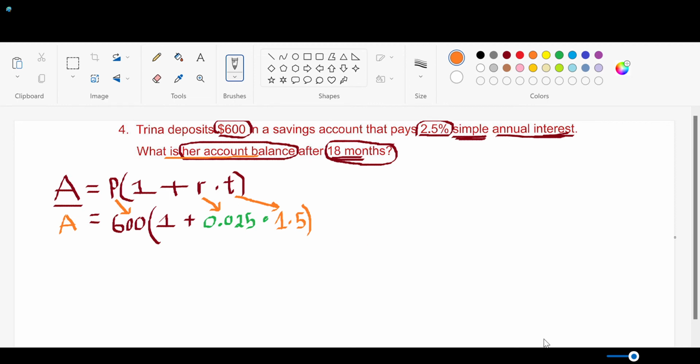So I take 0.025 times 1.5, that's R times T, and that gives me 0.0375. Whatever that number is, I have to add 1. So 1 plus 0.0375 gives me 1.0375.